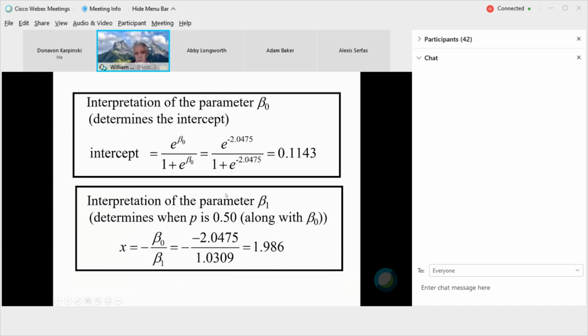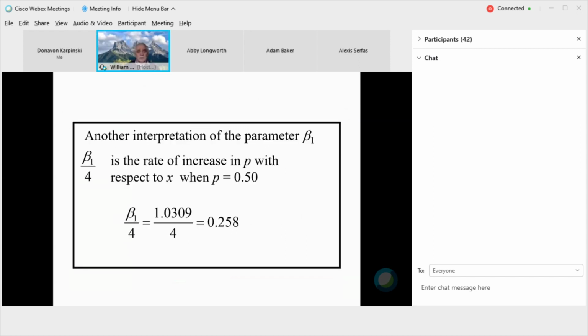The interpretation of beta 1, that will determine when the probability of success goes up to 50%. Minus beta naught over beta 1 will be the value of x that will result in the probability of success being 0.5, 1.986 in this example.